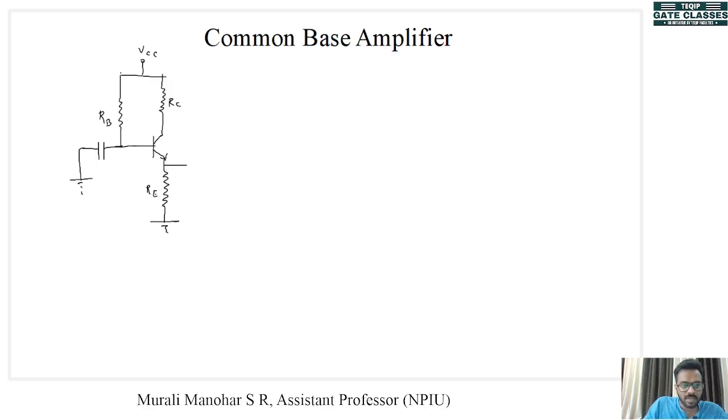We will be giving the input here because this is common base. Base is common to both input and output, and base is close to the ground. Now here we have our signal with its RS and supply, VS, RS, and output will be taken from here.